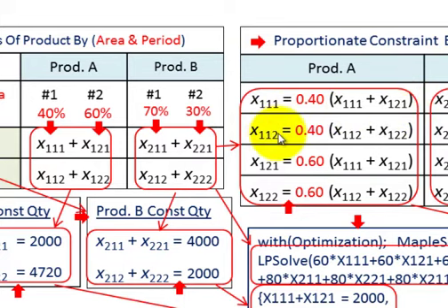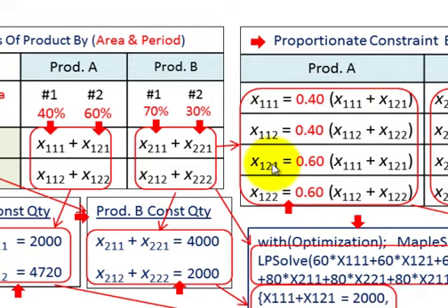Then x112 sits at 40%, sales area 1 for period 2, so x112 is equal to 40% times that entire row. And remember, these are plus quantities, kept separate in your linear program because it has to figure out those quantities for each, but nonetheless you take 40% times that entire quantity.